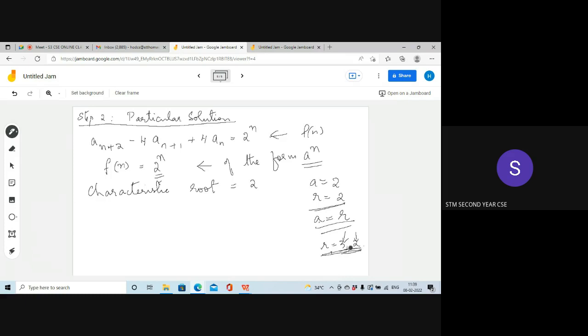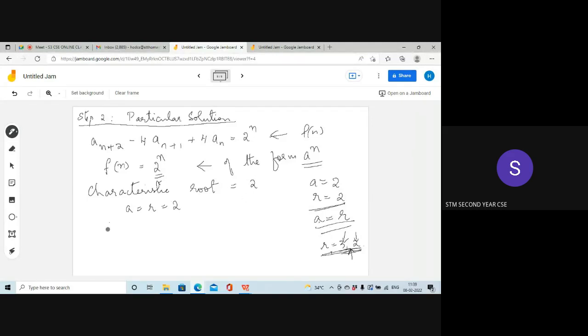All roots need not be the same as a. If any one root matches with a, then we can use the formula that we had written earlier, a is equal to r is equal to 2. If there is more than one root and any one root matches, we can proceed the same way.